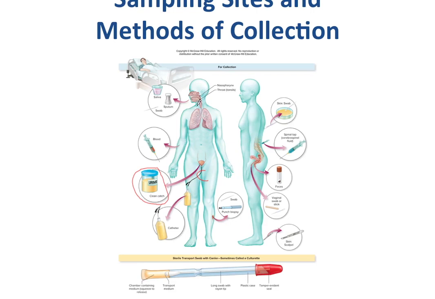For the sputum, we should collect it very carefully, since the sputum is produced by the lungs and bronchi. We need to avoid contamination by the saliva, because the saliva contains all kinds of normal microorganisms.